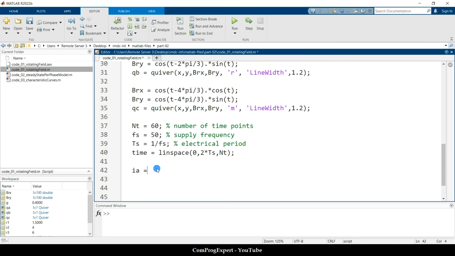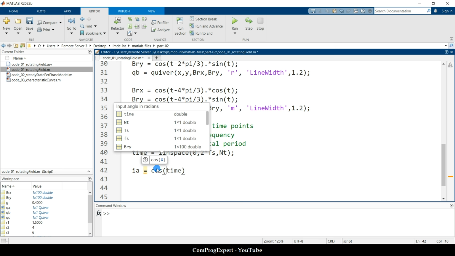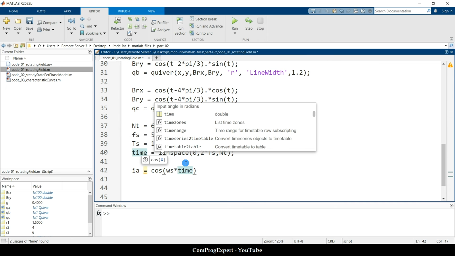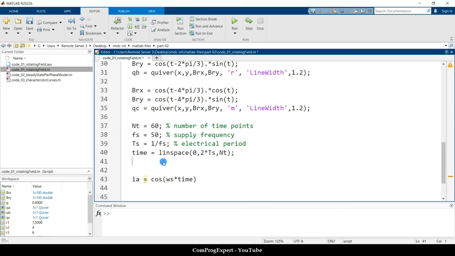The current of the phase A, let's consider a peak value equal to 1 amp and consider this function, cosine of omega E, or synchronous electrical frequency, times time. What is the synchronous angular electrical frequency? Omega S is 2 times pi times Fs. So this is the synchronous angular electrical frequency.